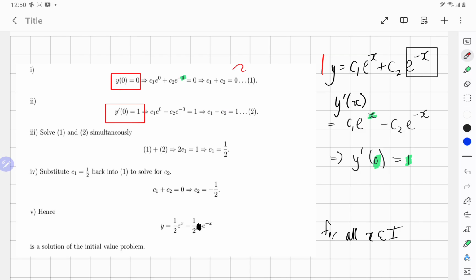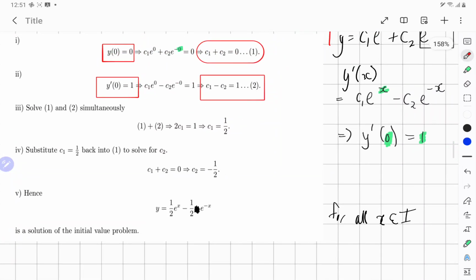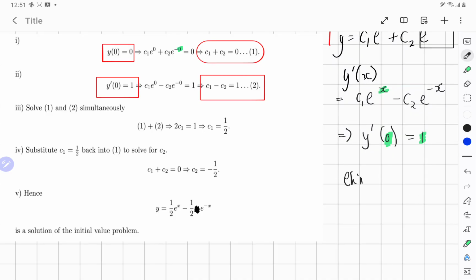So I have my two equations, and I'm going to solve them simultaneously. Now remember, two variables, two equations, I solve simultaneously. What I prefer to do here, but you don't need to, you can do substitution, but I prefer elimination. What does elimination mean? Just like the English word says, we eliminate.